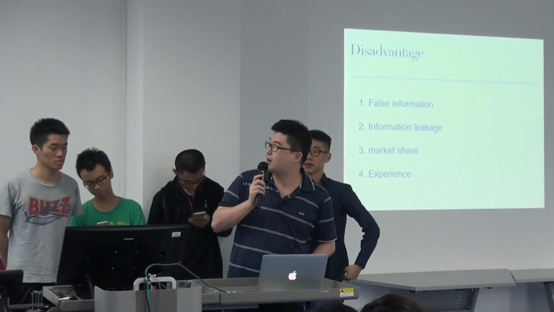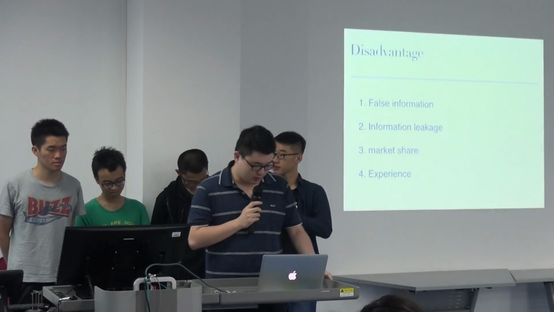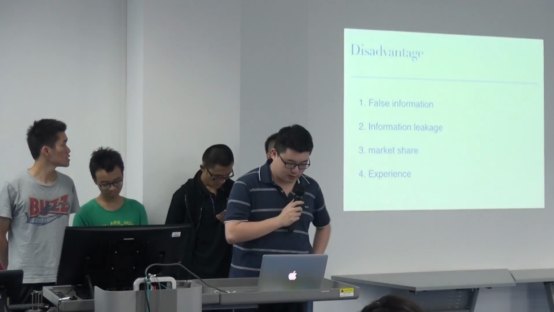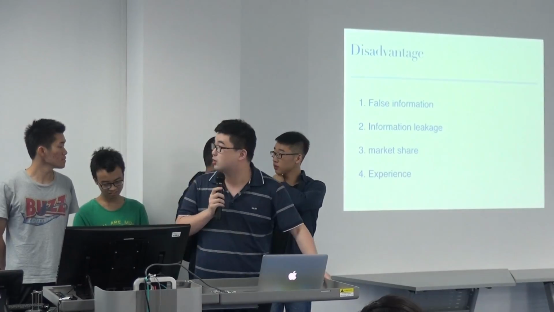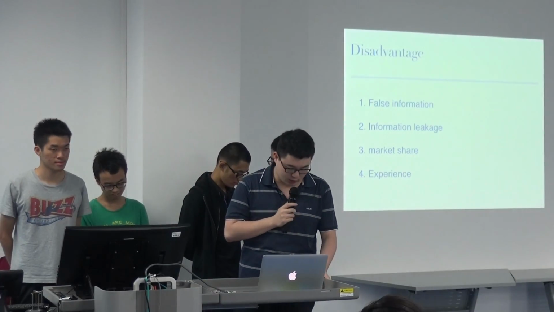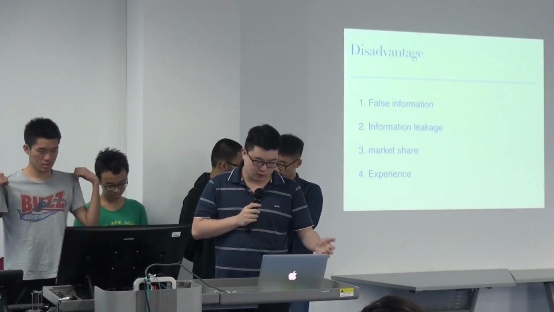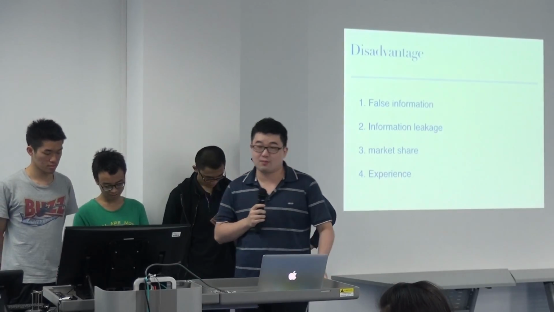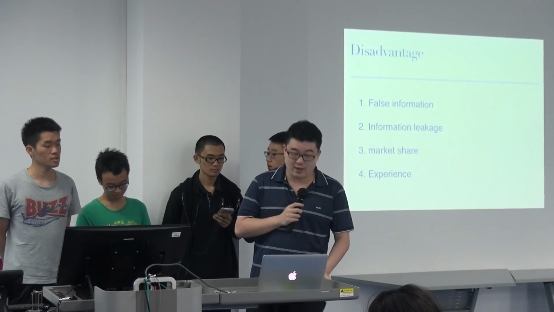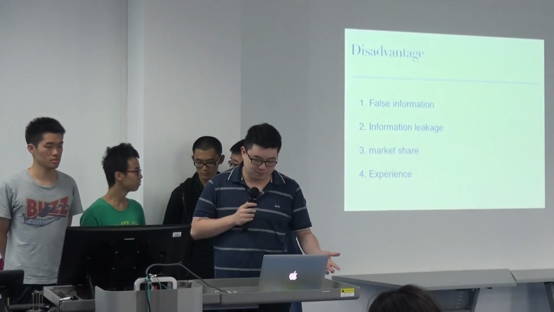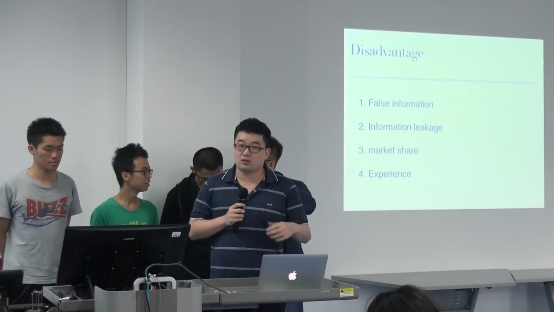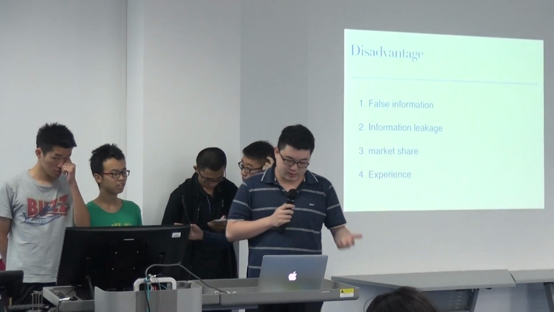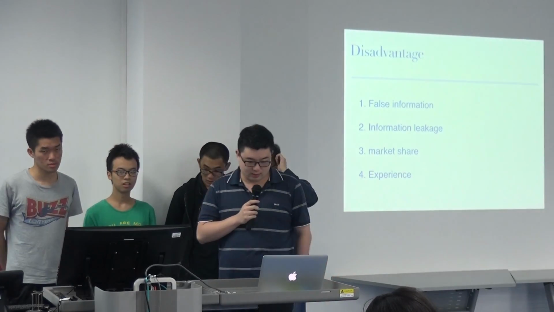I will talk about the disadvantages of new media. There are four disadvantages of new media. The first is false information. As we know, if we want to find something through the internet, for example the definition of a robot, we may find different kinds of sayings.